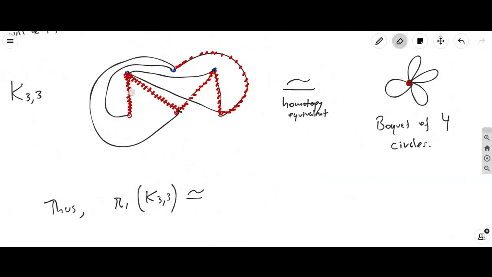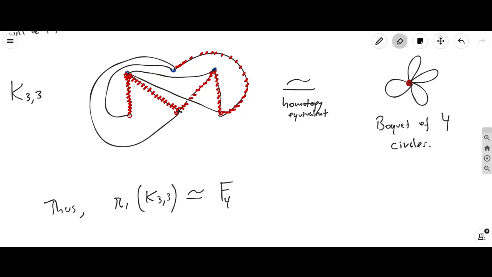So the fundamental group of this space would then be isomorphic to a free group of rank 4. So this fundamental group of this is isomorphic to the fundamental group of that. And we talked about the fundamental group of a bouquet of circles. So this is therefore isomorphic to a free group of rank 4. And that's the way you find the fundamental group.